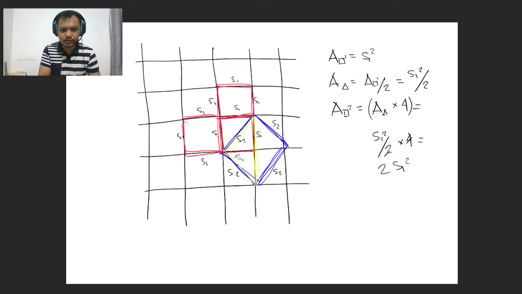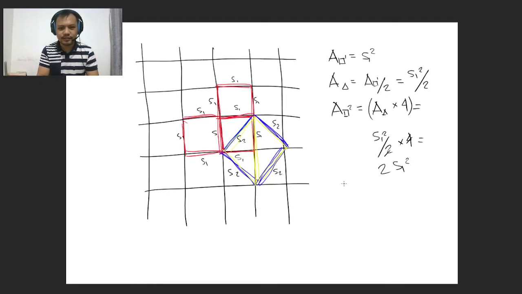And if we look at these two, it forms the original size of the S sub 1 squared. So that means that this is correct. 2 S sub 1 squared is equal to the area of this new square. Okay? So now we have a lot of information to work with. This is a substantial amount of information that Pythagoras could work with to create this theory.